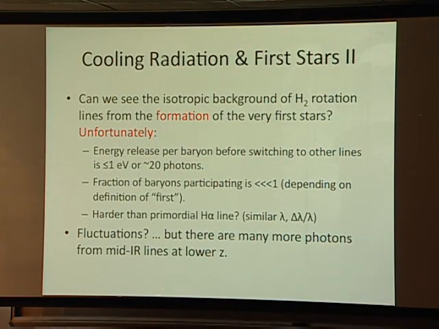So I think the bottom line is, if we're going to see the very high redshift H2 lines, at least the first such things we see are probably not going to be from the release of gravitational binding energy from those first objects, unfortunately.